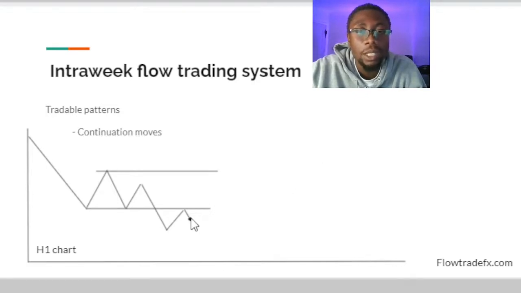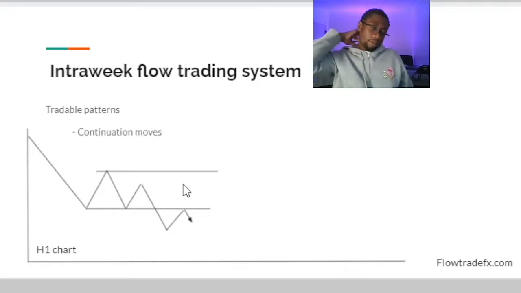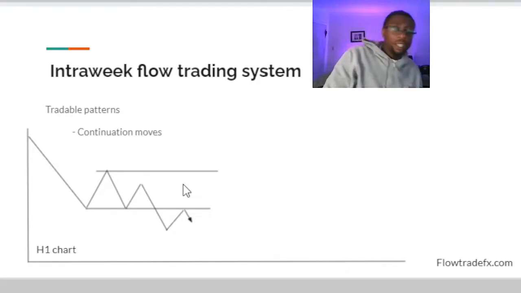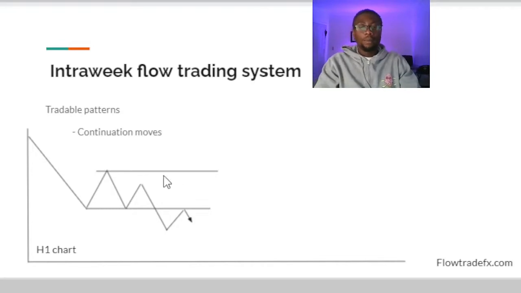Now, when it comes to continuation patterns, it's going to be very similar to an intra-week trend, except the second pullback doesn't always get to this previous resistance level. So you, in essence, get a triangle. Now you can see this is a lower bottom.